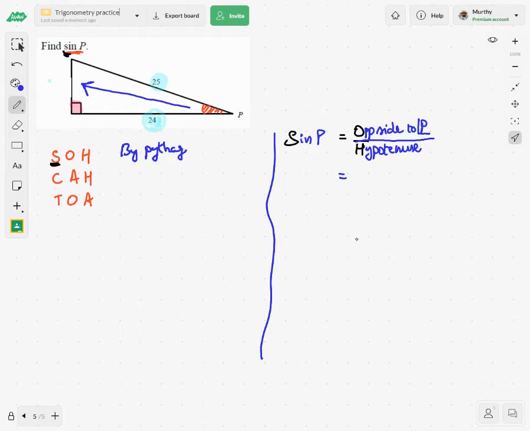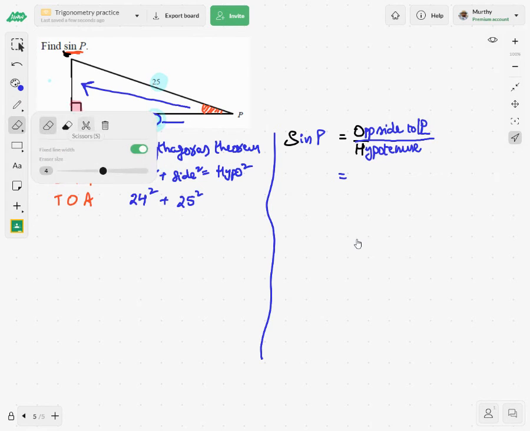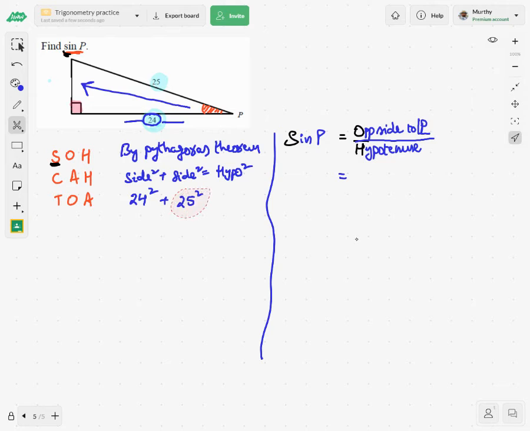By Pythagoras theorem, it is side square plus side square equals hypotenuse square. So what is side square means? I see that one is 24 square plus 25 square. Hold on. Is it the second side or not? This is how you may make a mistake.